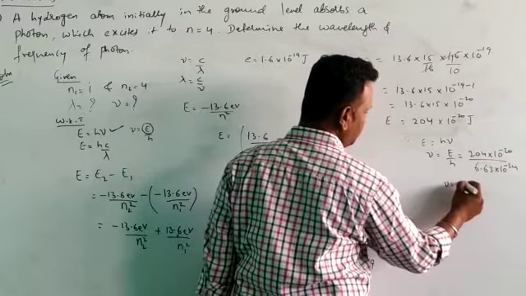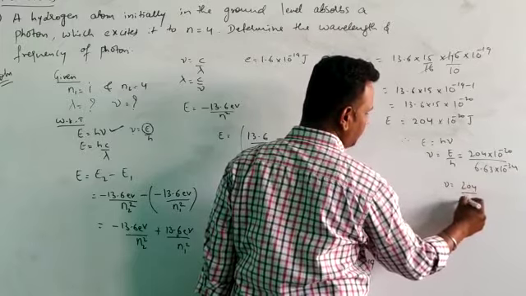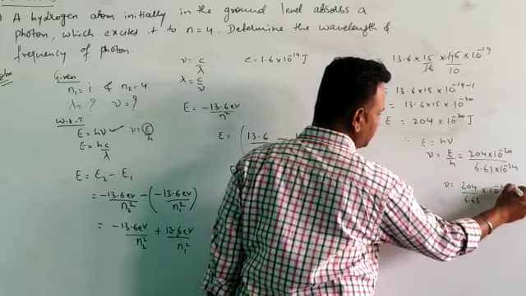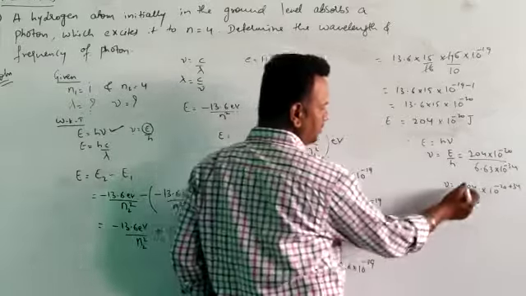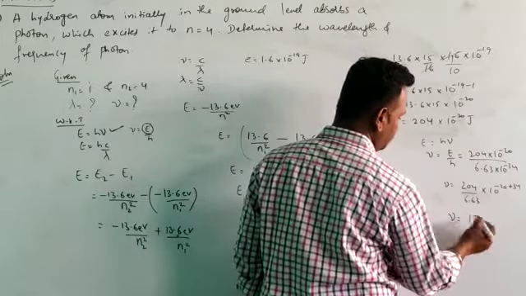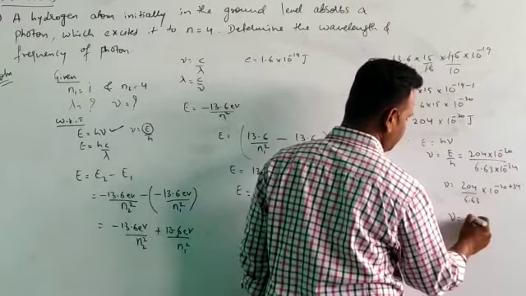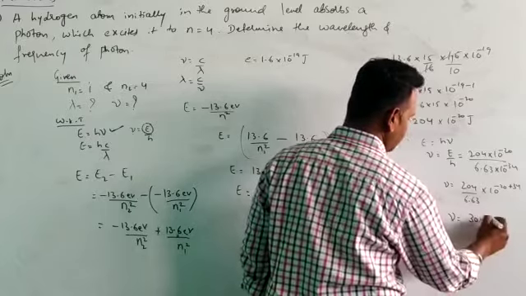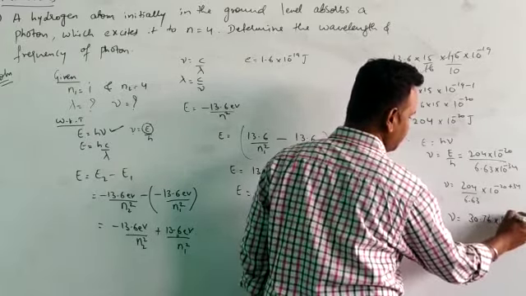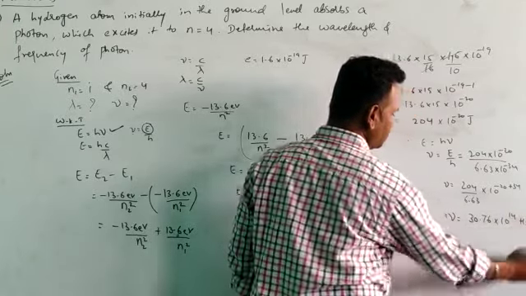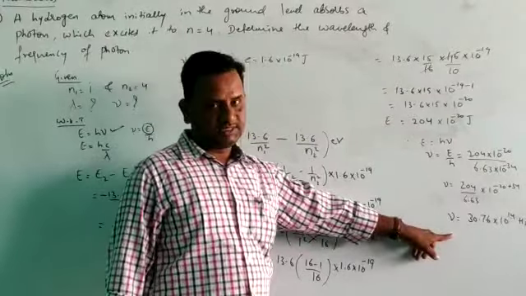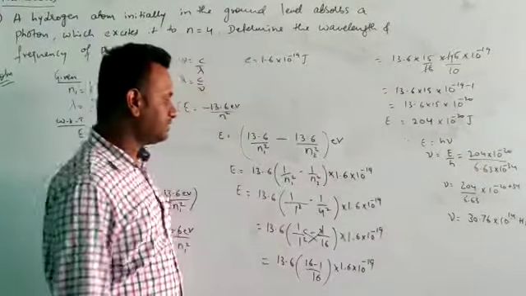So nu is equal to 204 divided by 6.63 into 10 to the power of minus 20 plus 34. If you divide it, how much will we get? 30.76 into 10 to the power of plus 14 hertz. So this will be your frequency.